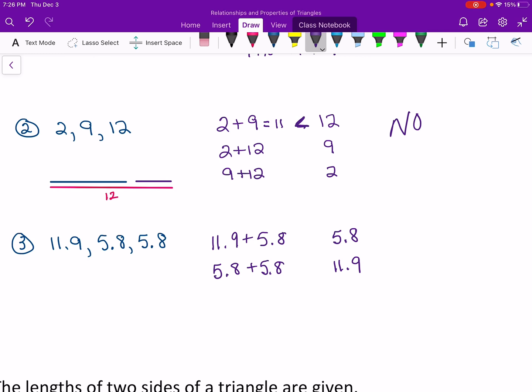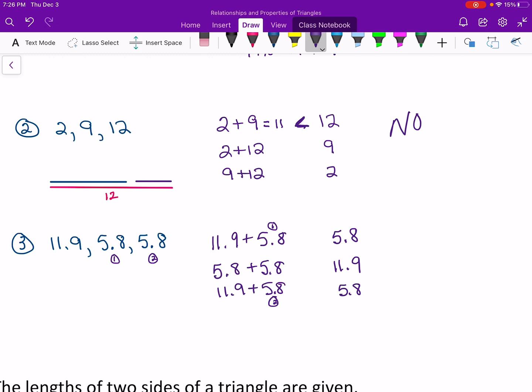And technically there is a third combination. If we distinguish between those two 5.8s, there's the first one. We also have the 11.9 plus the second 5.8 to compare to the 5.8.